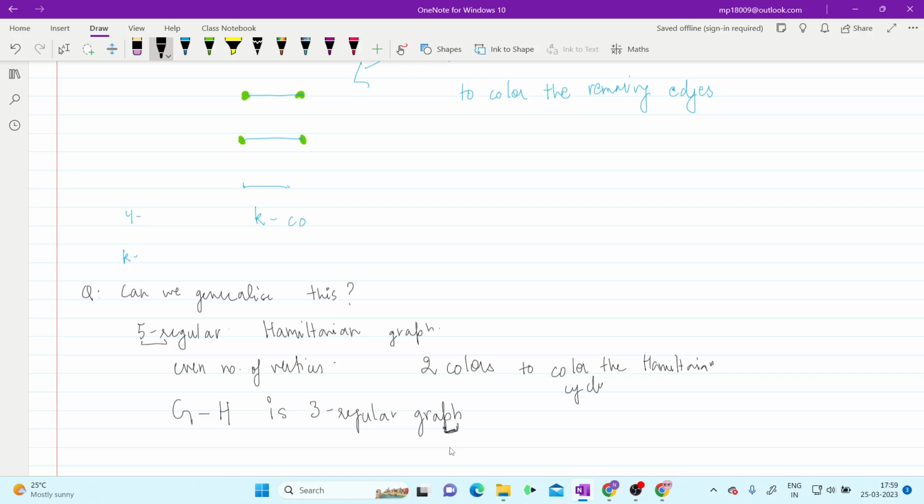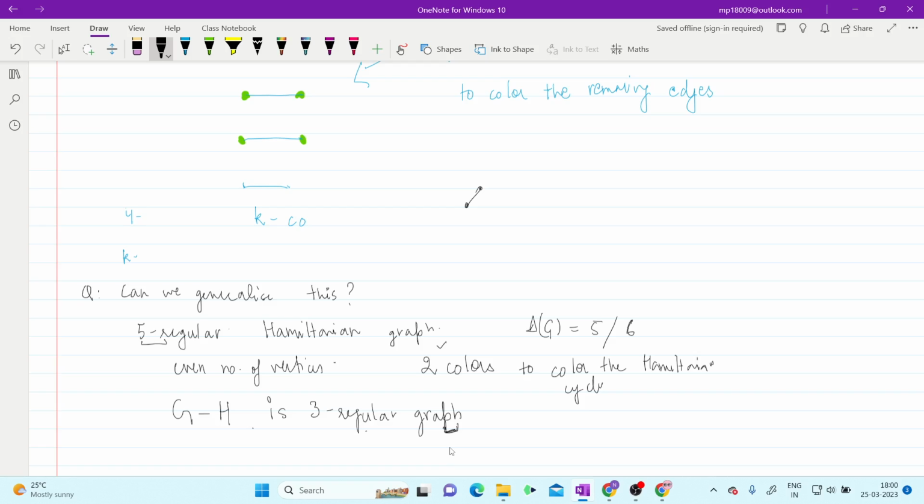It is a 5 regular graph, so we know the chromatic index will be either 5 or 6. Now first we use two colors to color our Hamiltonian cycle. Now the remaining graph is becoming a 3 regular graph, but it has an even number of vertices, and it is a 3 regular graph.